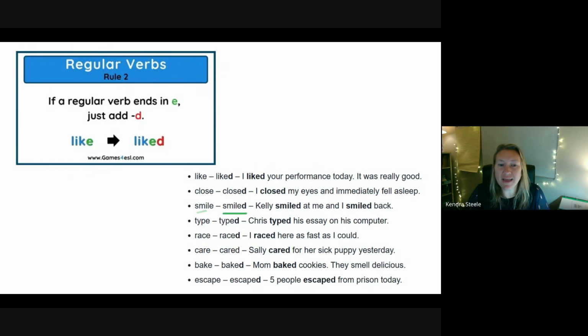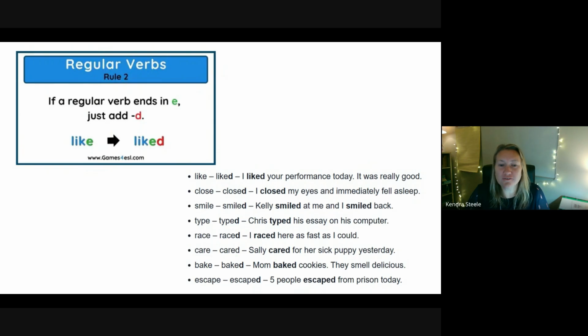Smile becomes smiled. Kelly smiled at me and I smiled back. Type becomes typed. Chris typed his essay on his computer. Race becomes raced. I raced here as fast as I could. Care becomes cared.